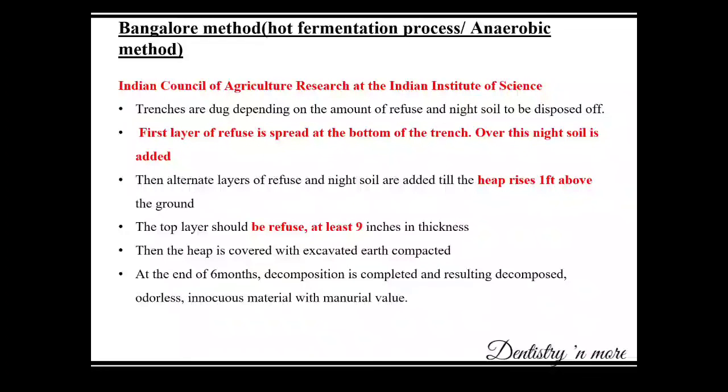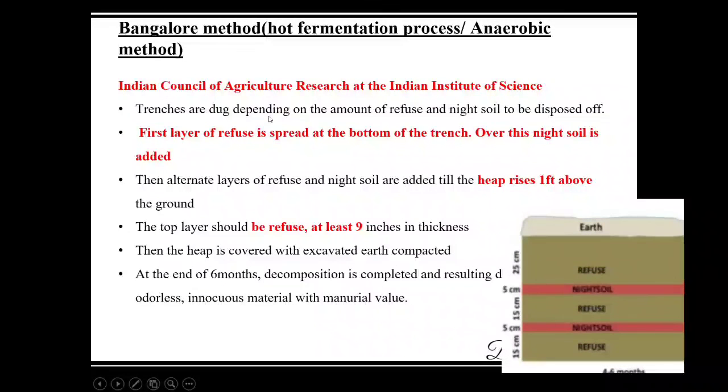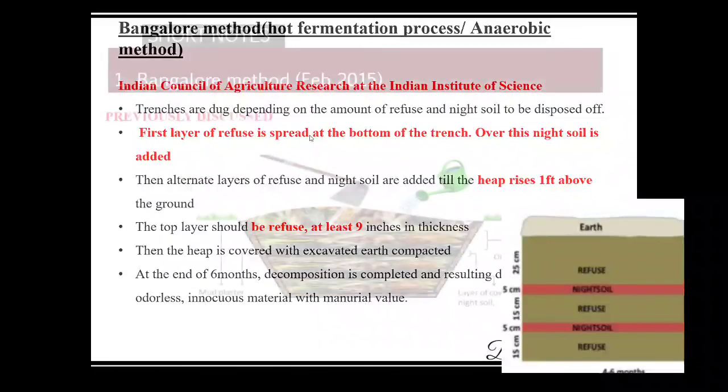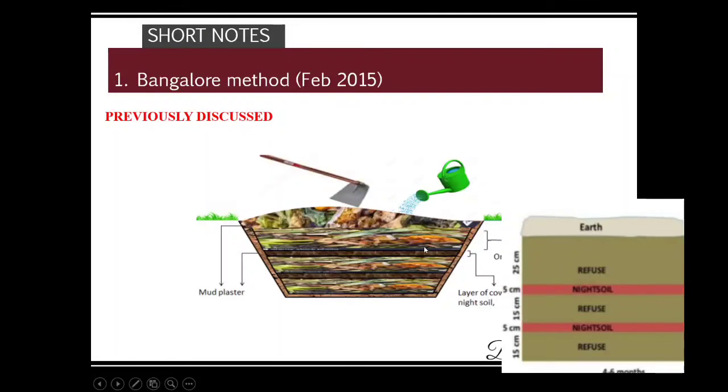Bangalore method, or hot fermentation or anaerobic method, was invented by the Indian Council of Agriculture Research at the Indian Institute of Science, Bangalore. Trenches are dug, and there will be layer by layer addition of night soil, which is soil that includes human excreta, and a layer of cow dung or organic waste, and a layer of refuse.